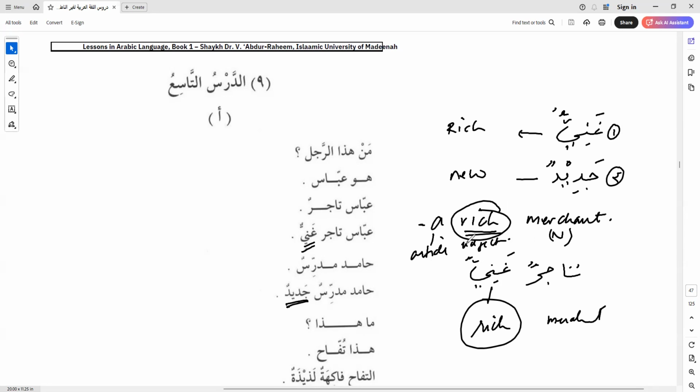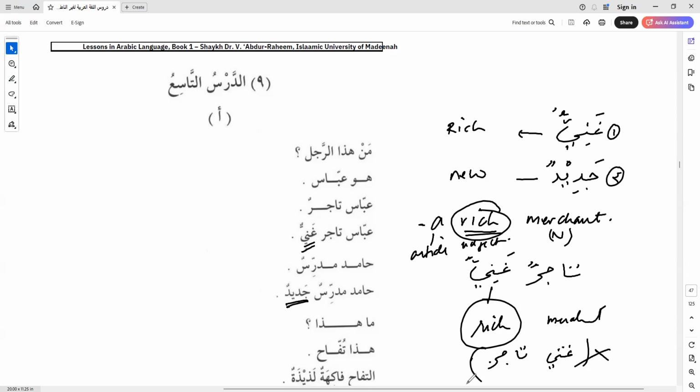But in Arabic, you have to say the noun first before you say the adjective that is describing the noun. So when you say ganiyun tajirun in Arabic, that's not grammatical. If you say ganiyun tajirun in Arabic, it's like you are speaking English, rich merchant.